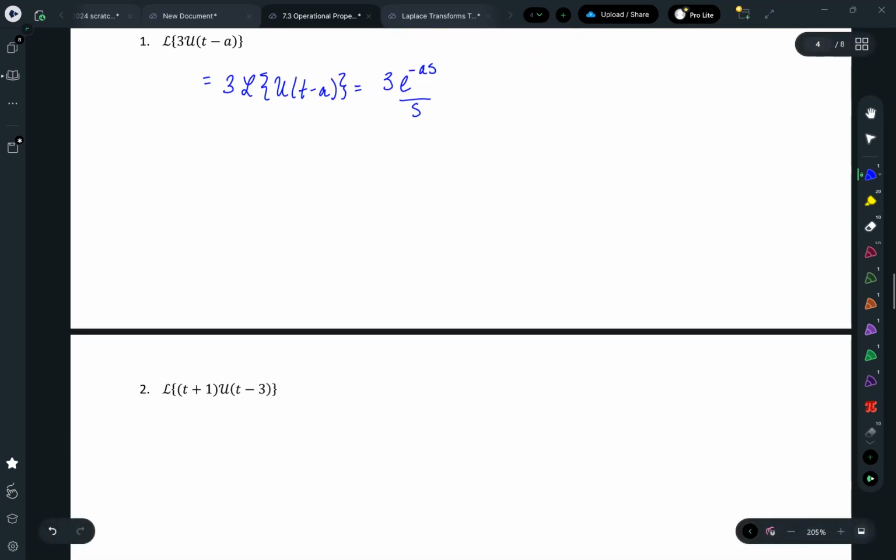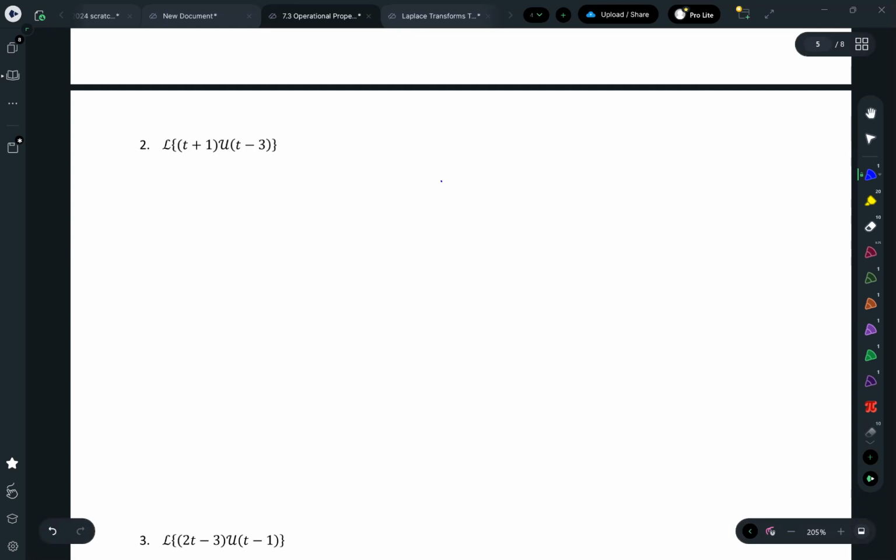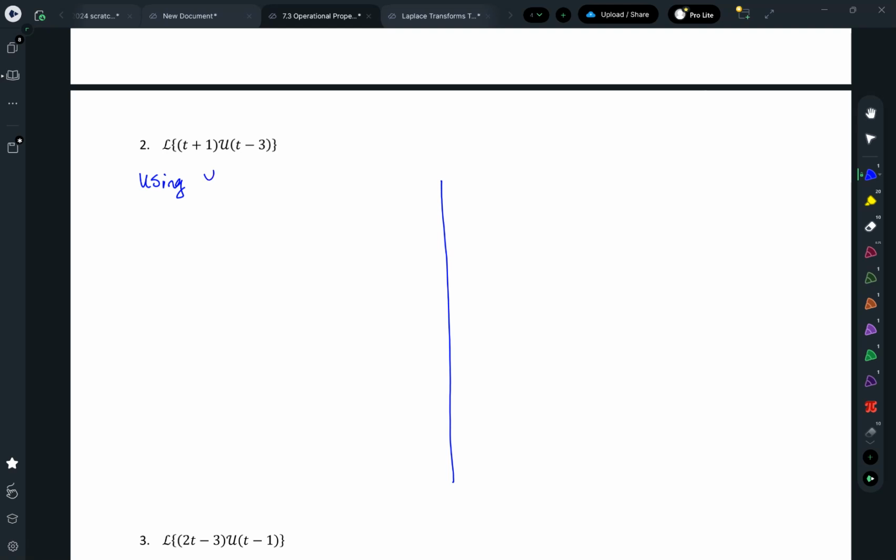The next one requires a bit more work. So in this one, we have the Laplace of t plus 1 times u of t minus 3. And I'm going to show you 2 ways to do this. We're going to focus on using the Laplace of g of t, u of t minus a equals e to the minus a s times the Laplace of g of t plus a first.